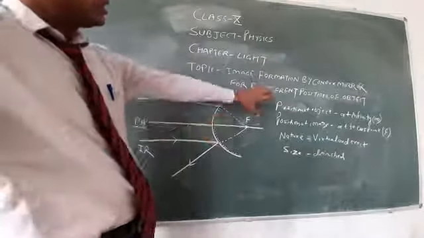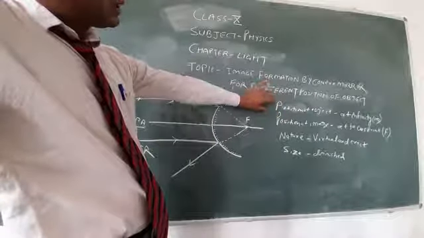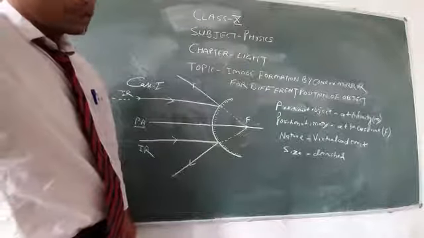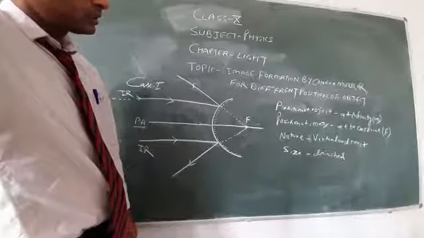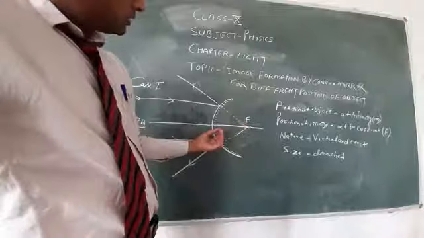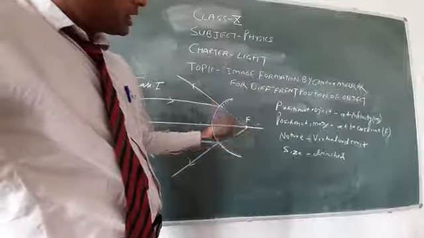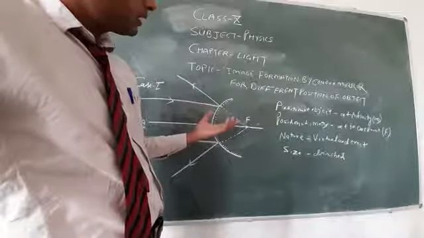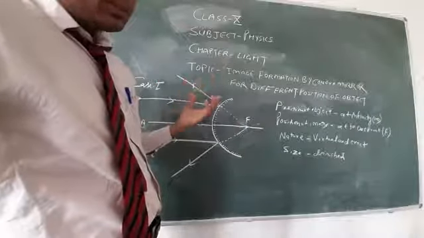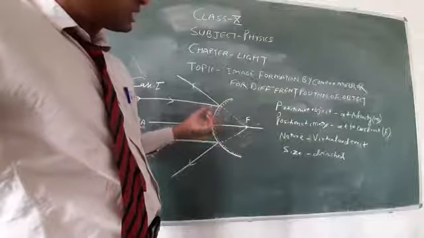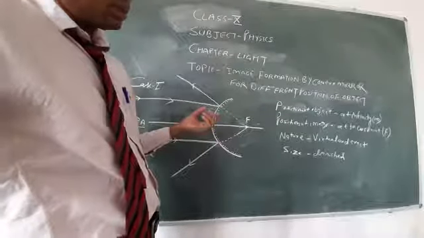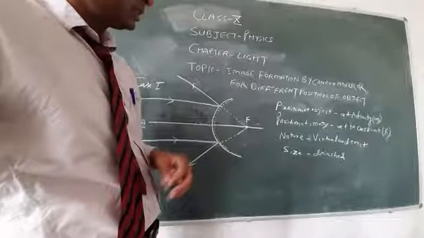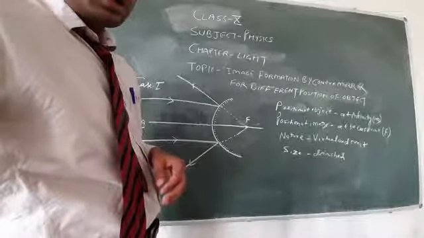So this is the position of object, position of image, and nature: virtual and erect. Because the image is situated behind the mirror, it is virtual, and a virtual image is erect. You have to know that. And the size of the image is diminished. I hope you understood.